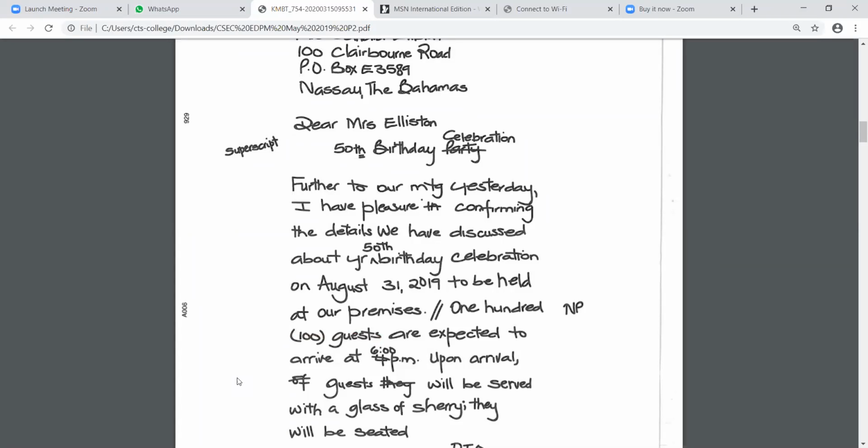Everybody understands that? So those pieces of information you all have to fill out on the document in question 3. Let's scroll back. Let's go back down to question 3.